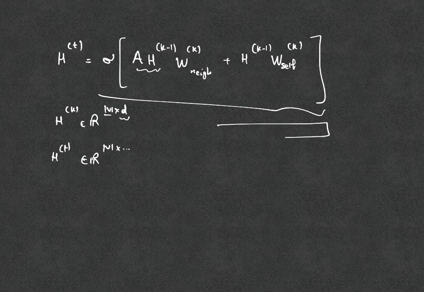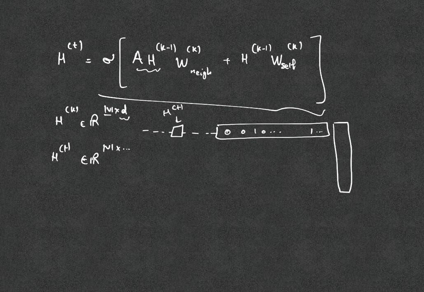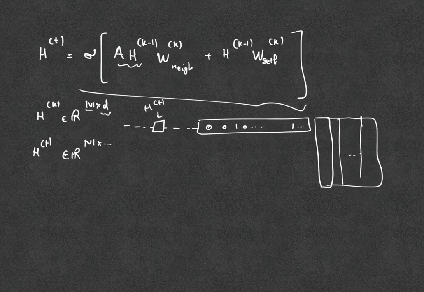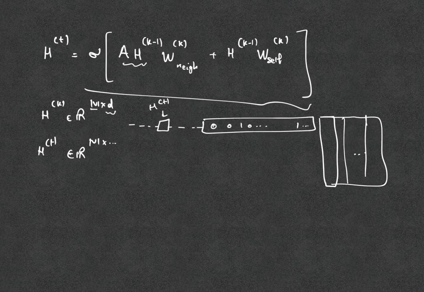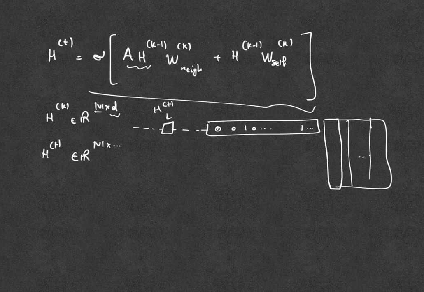In order to get this item for h_t, you're going to have the corresponding row in the adjacency matrix which has the neighbors, and then you have the H matrix, and this multiplied by that is going to give you the summation of the corresponding rows, and then you of course will apply the W for the neighbors there, and then you're going to get those outputs.